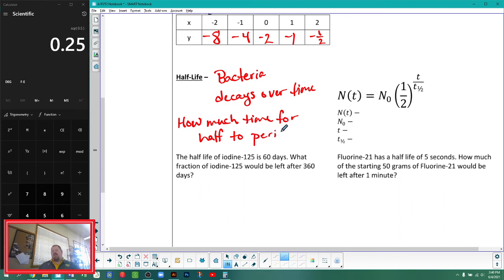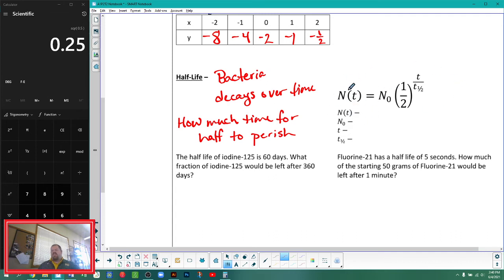It might die, it might dissolve, it might do whatever, okay? You could even have a half-life of a population. And you could say that over 10 years, half of that population is going to go away, whether they move out, whether they pass away, whatever it might be.